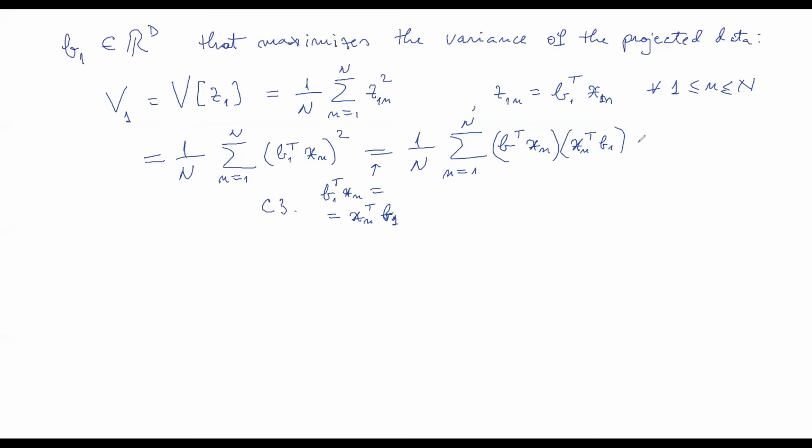And so when I'm doing it like that, I can take b1 transposed to the left of the sum and b1 to the right of the sum, because the sum is really over these xn's.